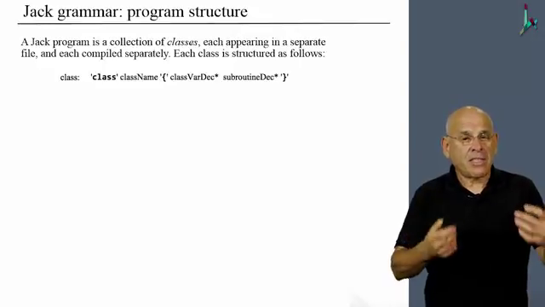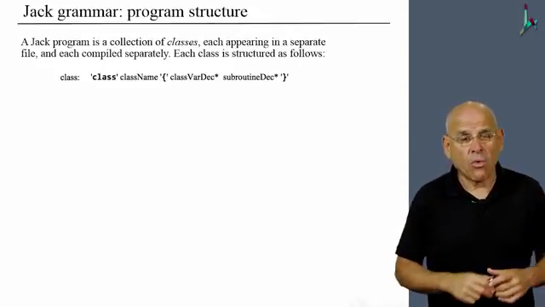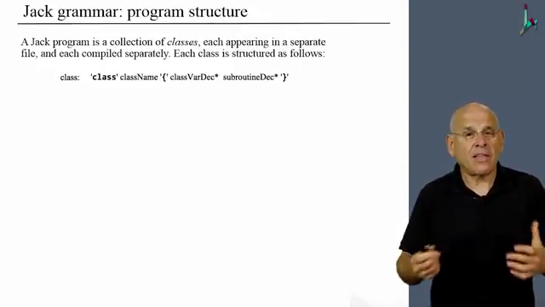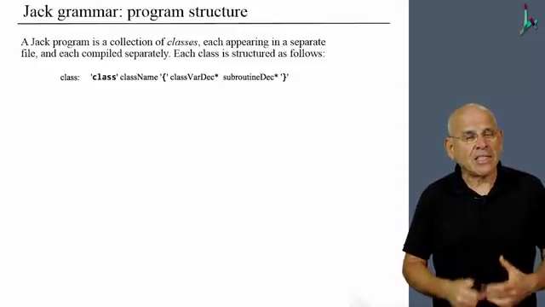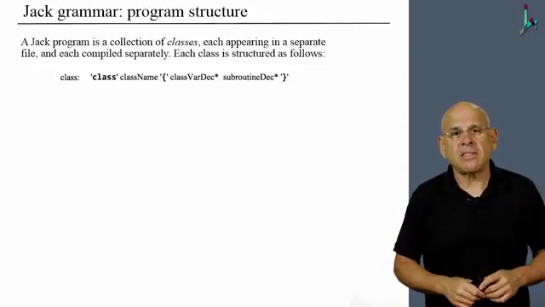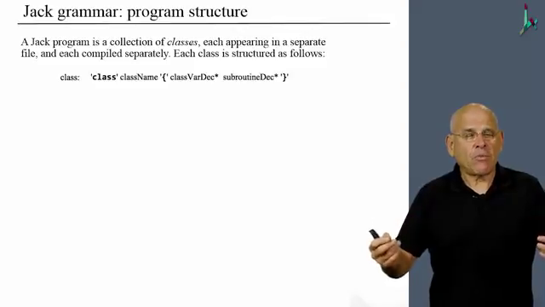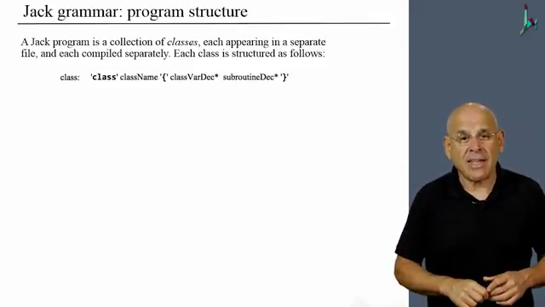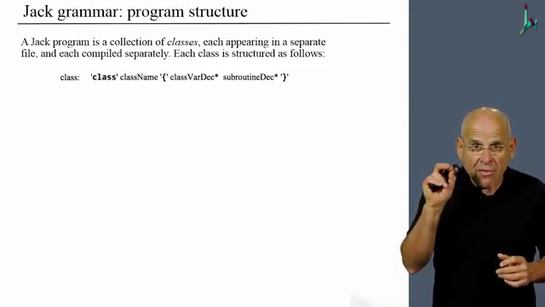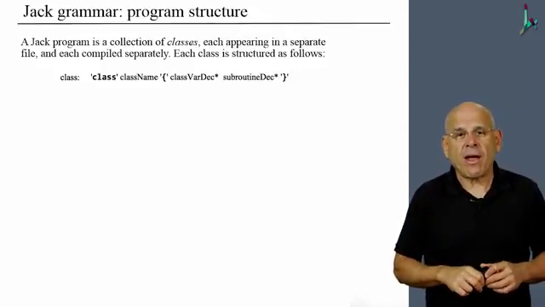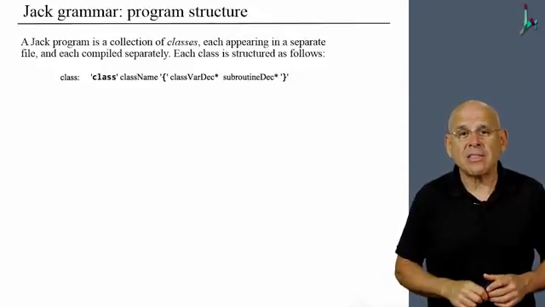What you see here is a non-terminal rule that describes what it takes to be a class. So a class begins with the keyword class. Then we have a class name, which, as you will see later on, is an identifier. Then we have a left curly bracket, which begins the definition of the class.